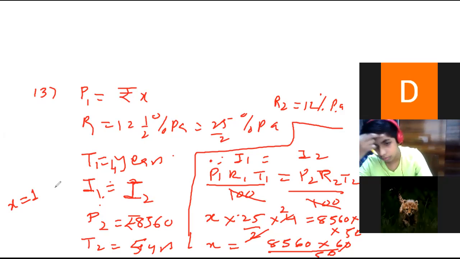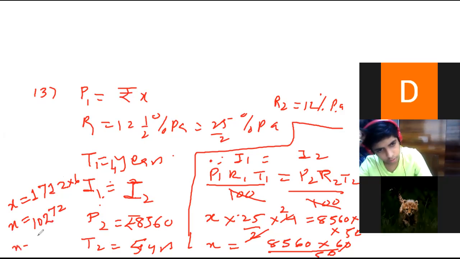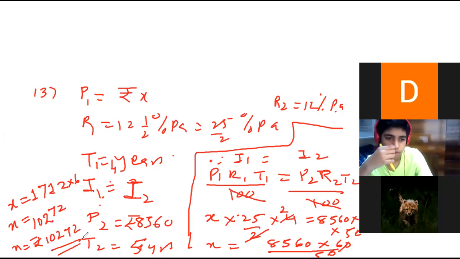Remainder 3. 5 7s are 35. 5 1s are 5. 5 2s are 10, into 6. Therefore 6 2s are 12. 6 and 1, 7. 6 7s are 42. Carry 4. 6 4s are 10. So X equals rupees 10272. Understood? Followed, sir.